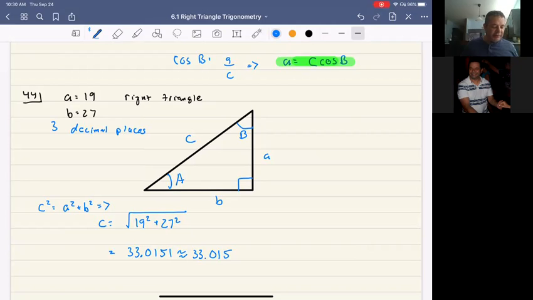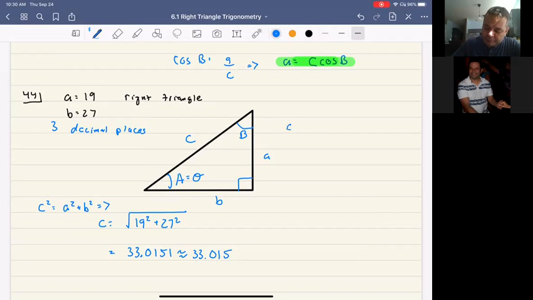Now it's actually asking us to find cosine theta and sine theta. It did draw the triangle a little bit differently, so A is our theta here. Sorry about that, that was just drawn in the problem and I didn't see.